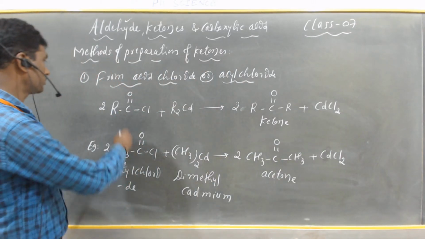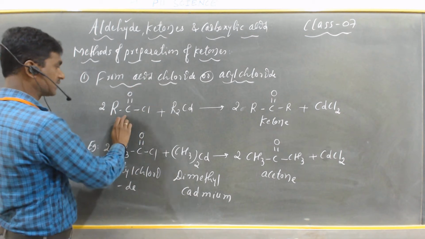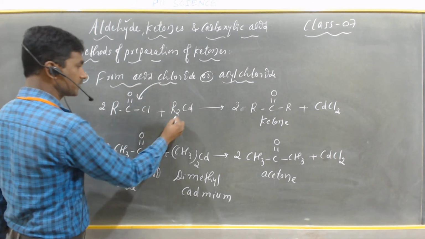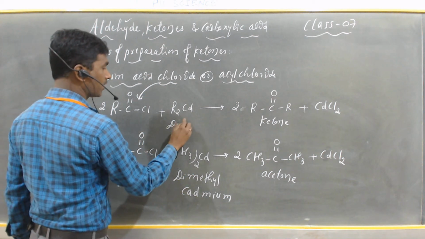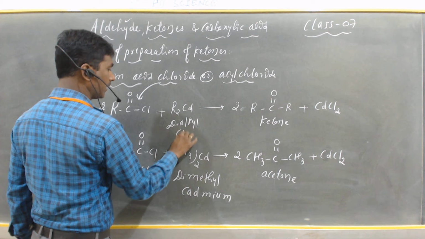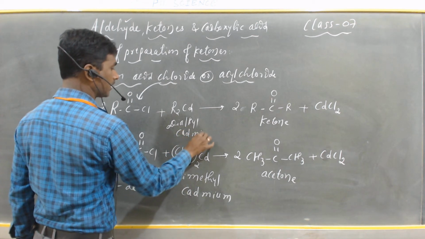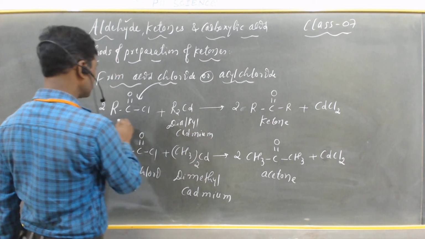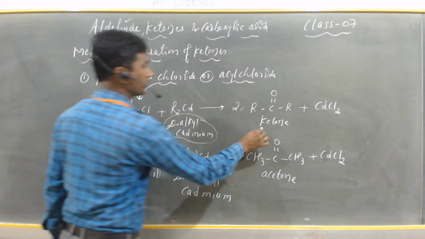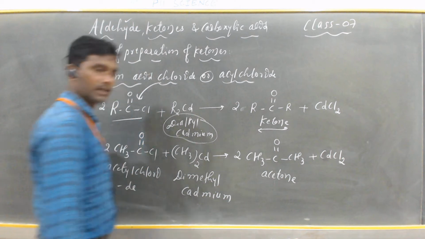In the examination, this is also called acid chloride or acyl chloride. It reacts with dialkyl cadmium, where R is alkyl. How many alkyl groups are there? Two. So this acid chloride reacts with dialkyl cadmium, and we can get ketone.